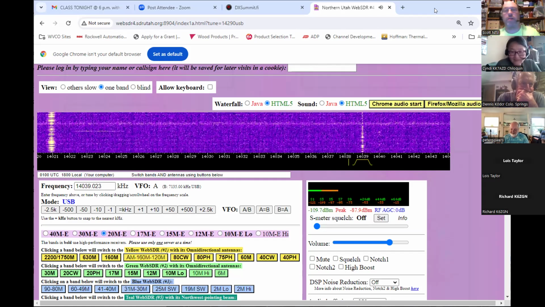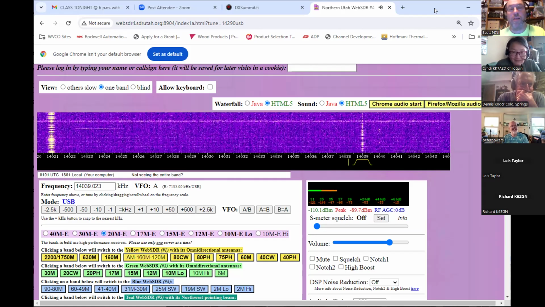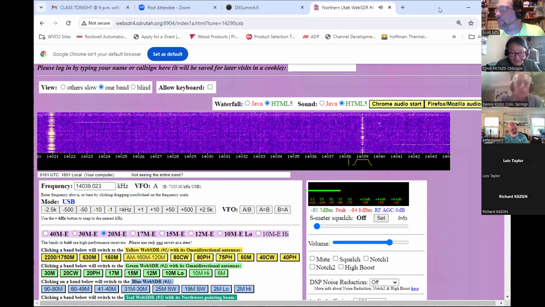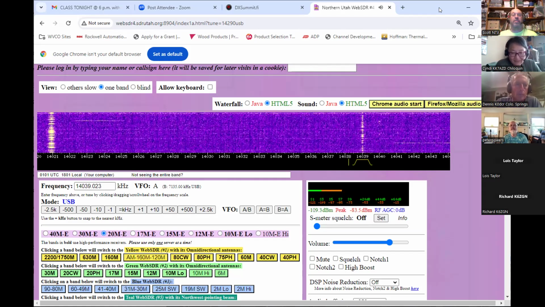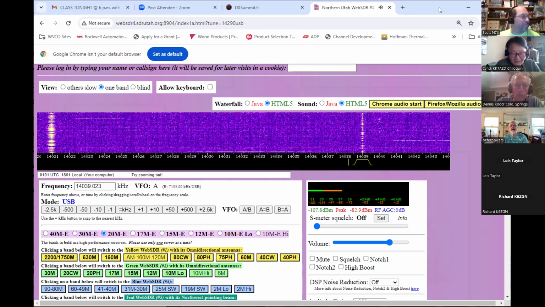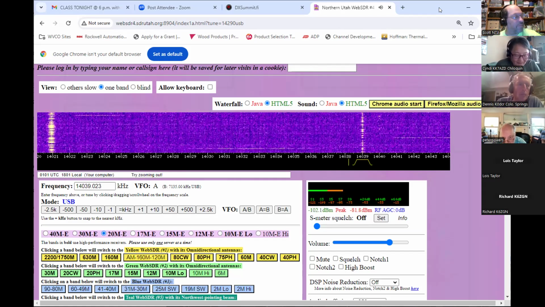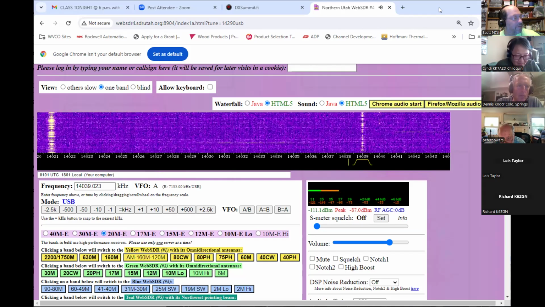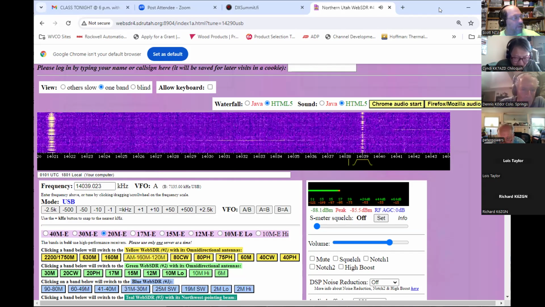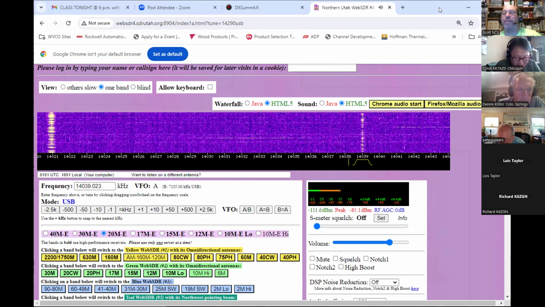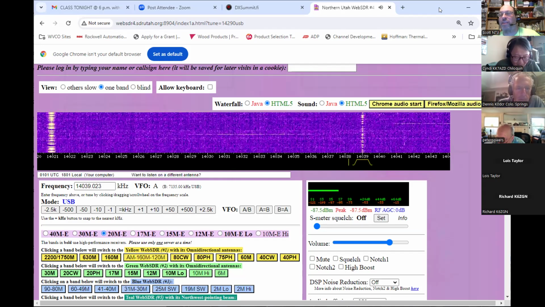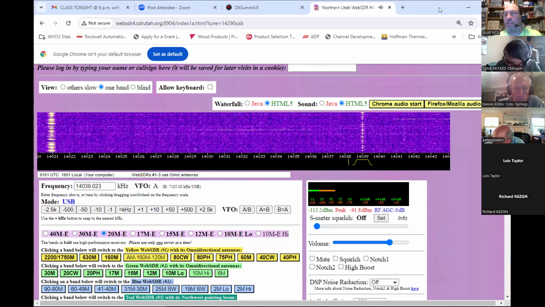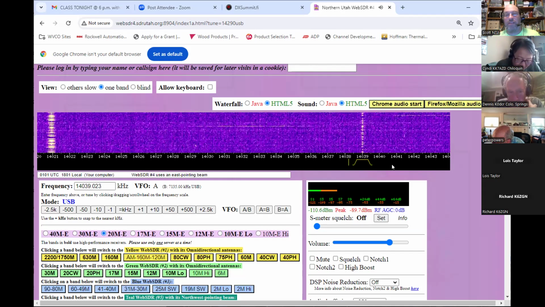Is there an N in there? Yeah, it's a JMS. Oh, here's our RST. He's got a signal at S9. 579. There's a break. QTH. What's that state? H. Name.